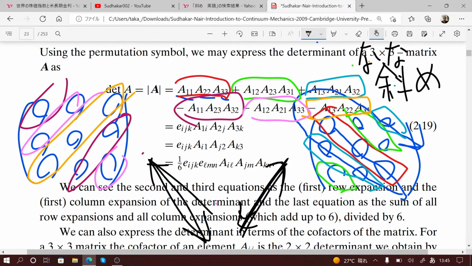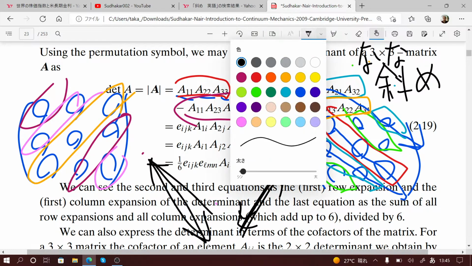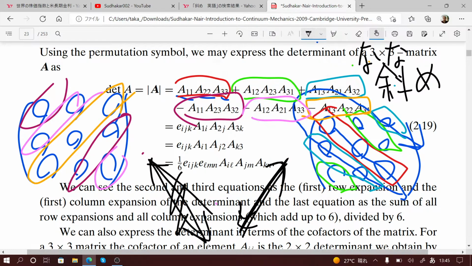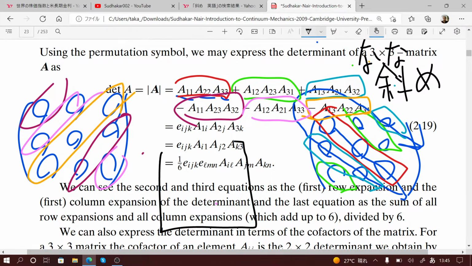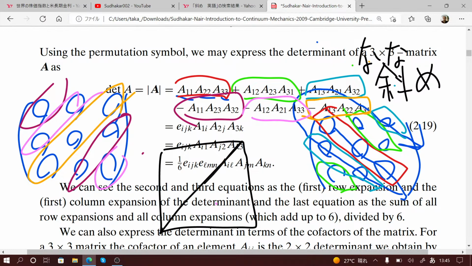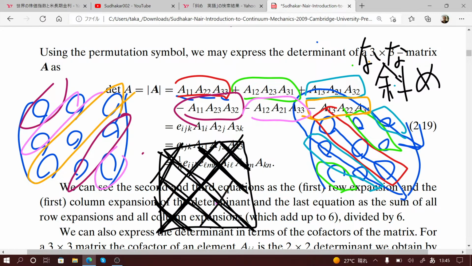I thought a diagonal is more like, if you have a square, I thought diagonal is this diagonal. But naname, this is also naname in Japanese. These are all naname.